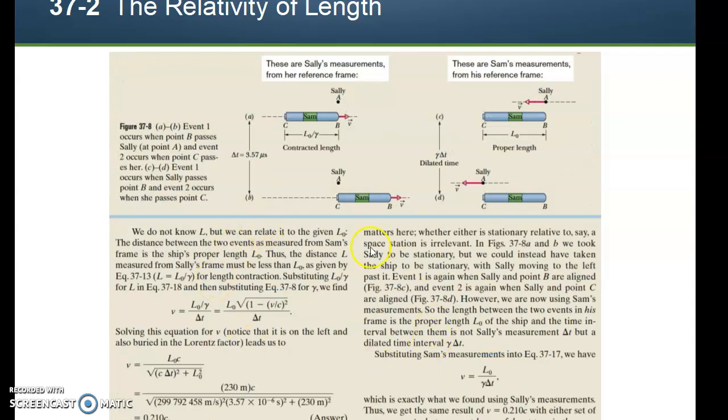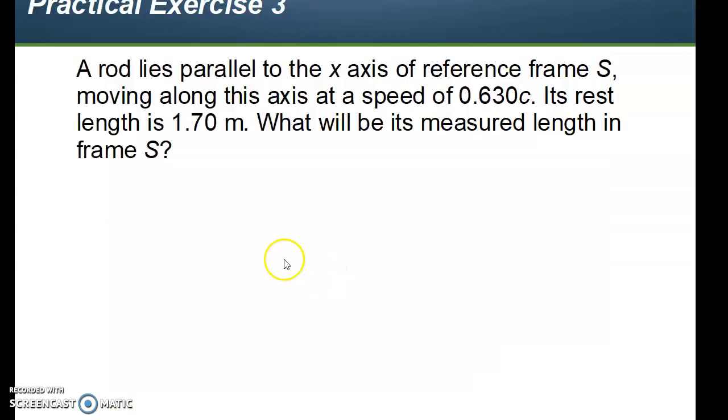This continues on and shows you how the relationships are related and what v can actually be for these.